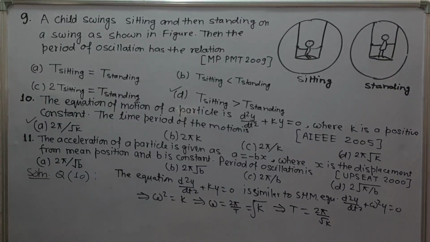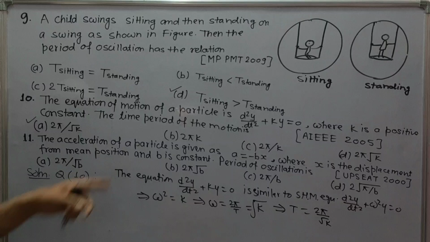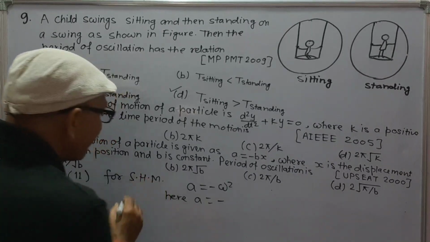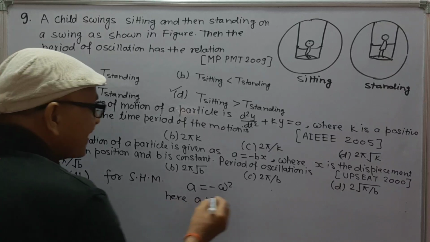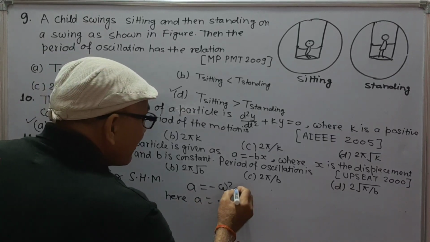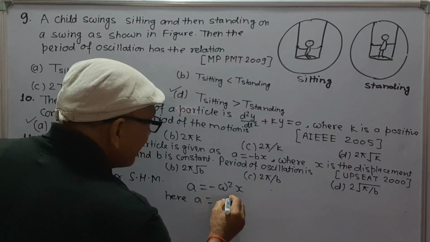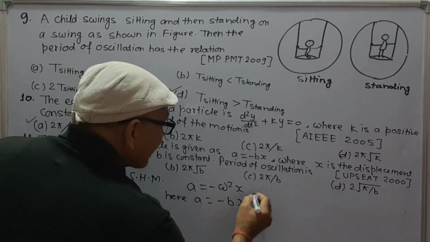Next question number 11. The question is, the acceleration of a particle is given by A is equal to minus bx, where x is displacement from mean position and b is constant. Period of oscillation is. Now solution to question 11. For simple harmonic motion, acceleration A is equal to minus omega square x, and in this case A is given to be minus b x.